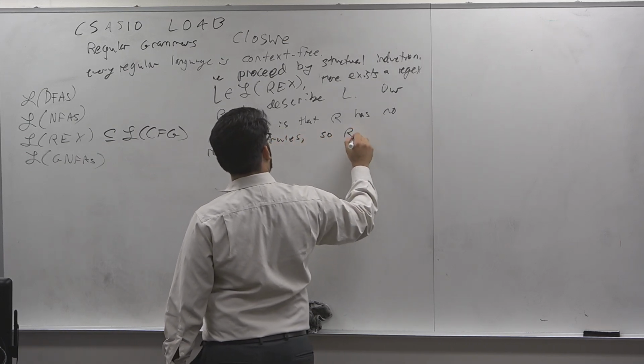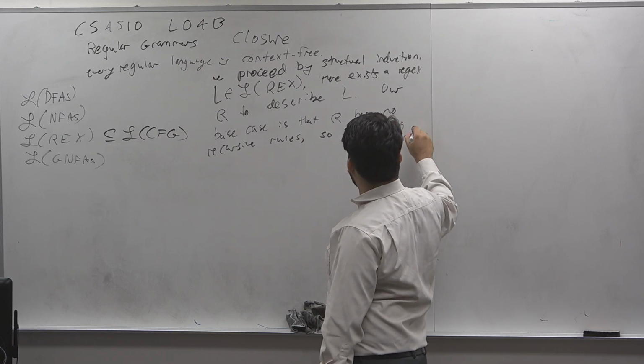So R is equal to one of 4 options: the empty string, the empty set, a, and b, right?